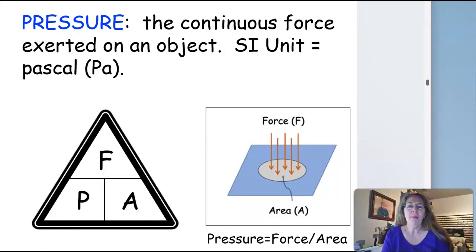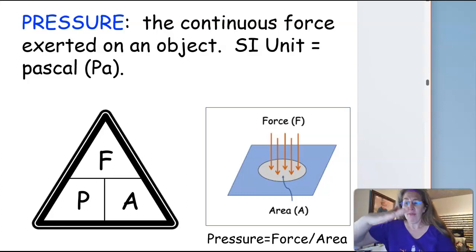Then we have to talk about pressure, and pressure is the force per unit area on a substance. The SI unit is pascals. So if I just lay my hand on my desk, it's going to have the force of gravity. If I push on the desk, then it's going to have the force of my hand on the desk and the added energy of me pushing on the desk.